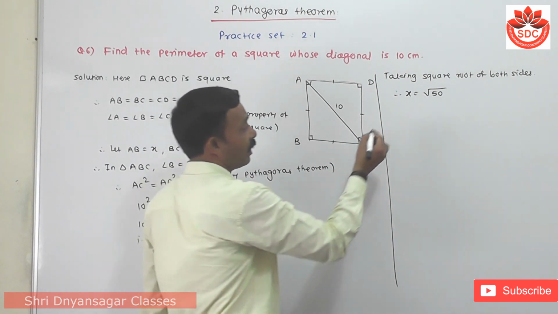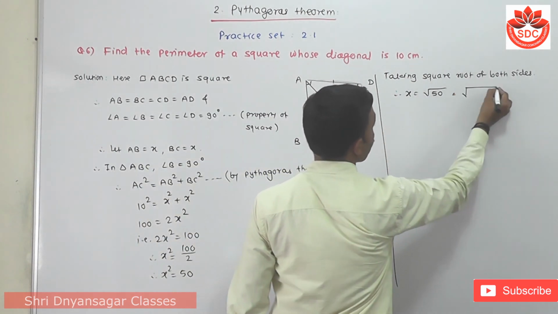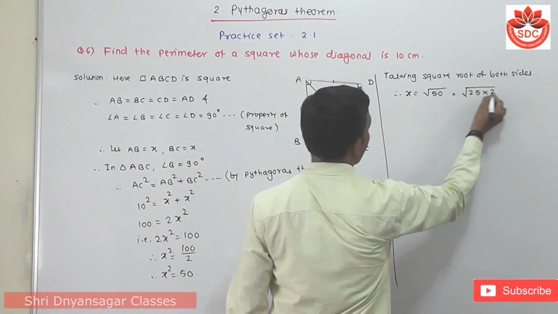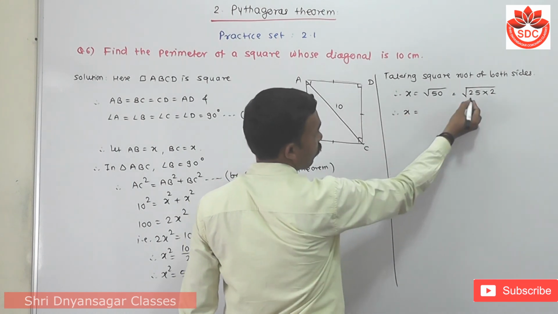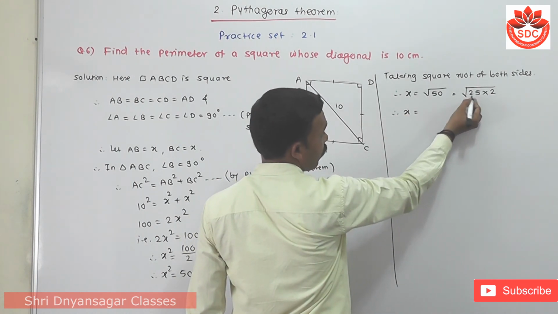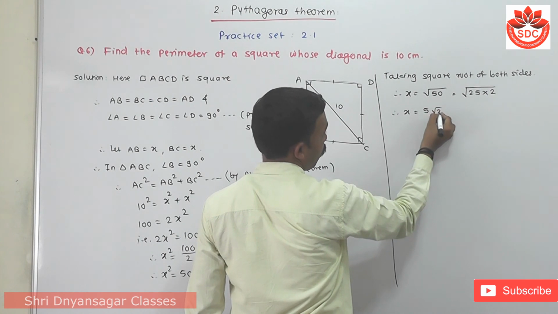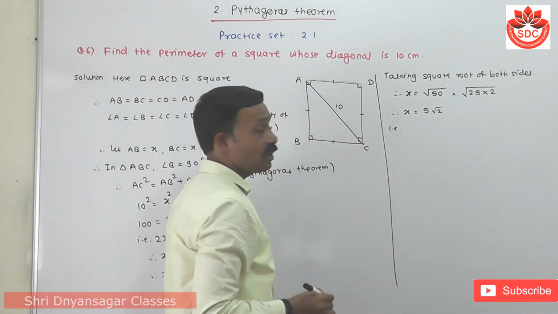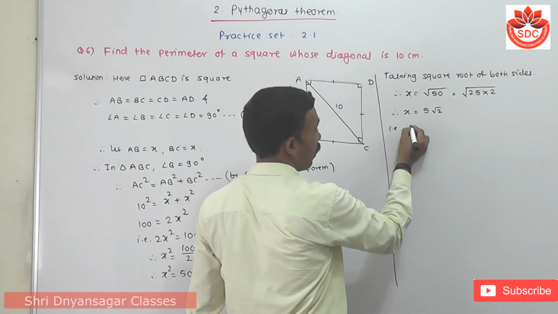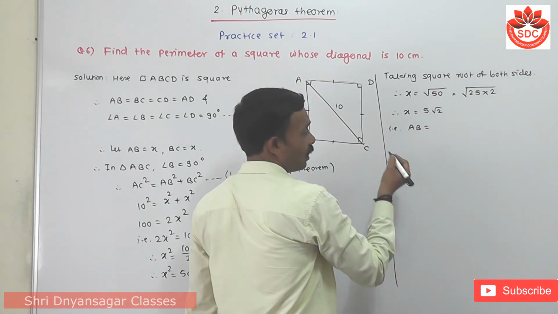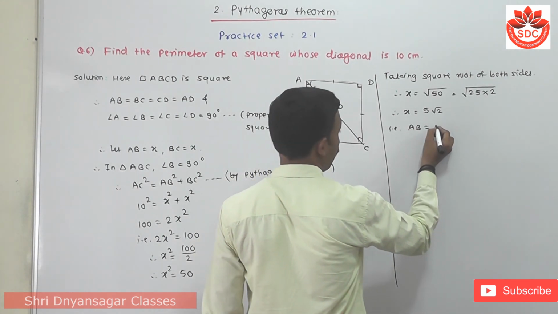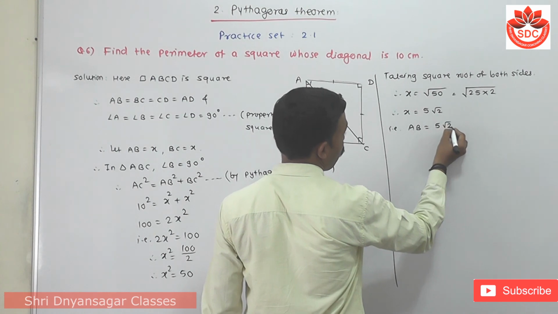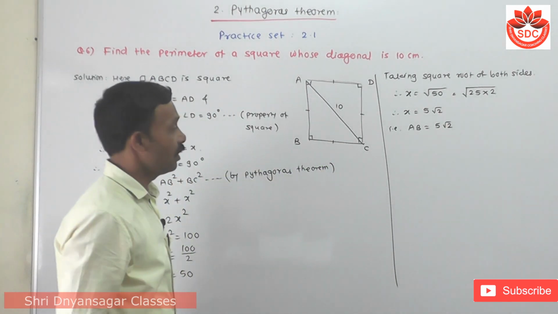Then we factorize it: 25 into 2, meaning the value of x is equal to, we can find the square root of 25, which is 5 root 2. That is the value of each side. So AB is equal to BC is equal to CD is equal to AD is 5 root 2. Here the unit is centimeter.